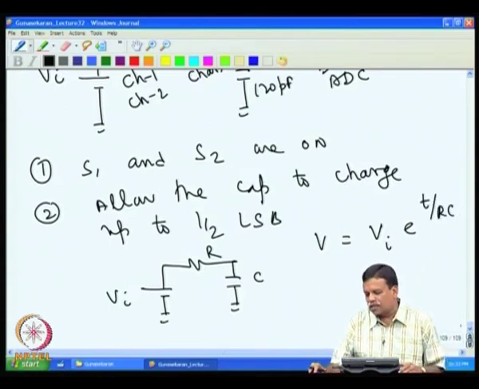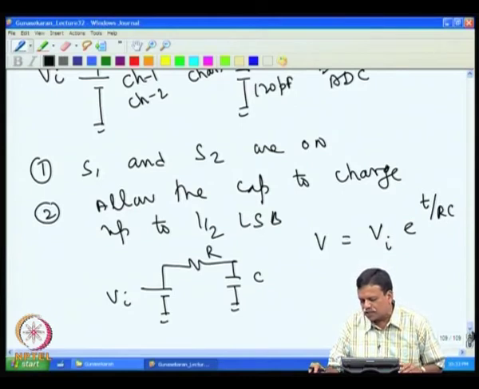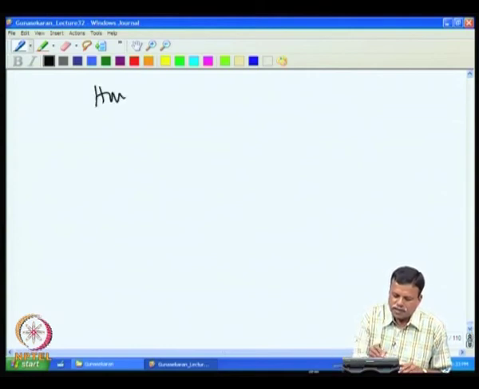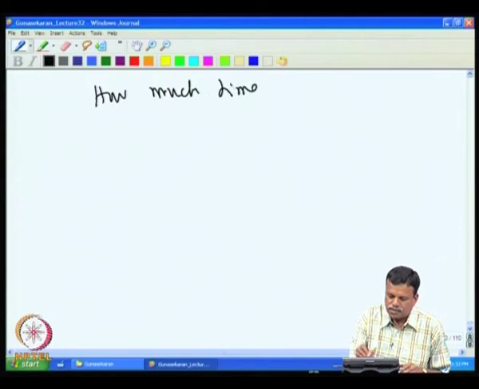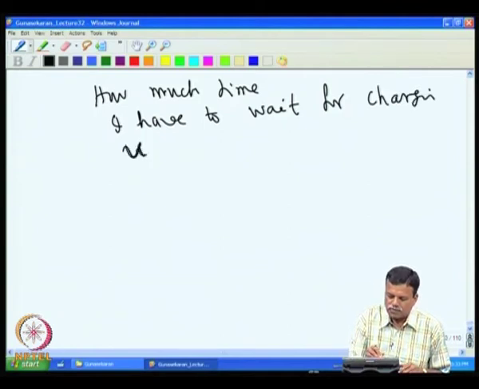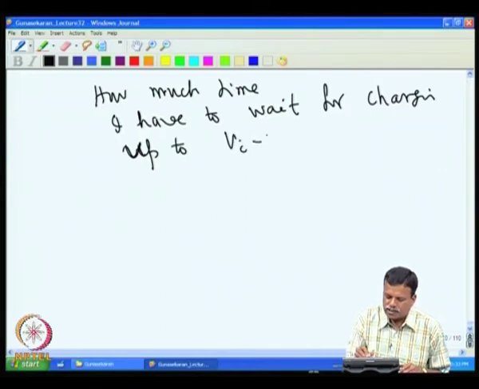Then the question is how much time I have to wait in the sample mode for charging up to VI minus half LSB.